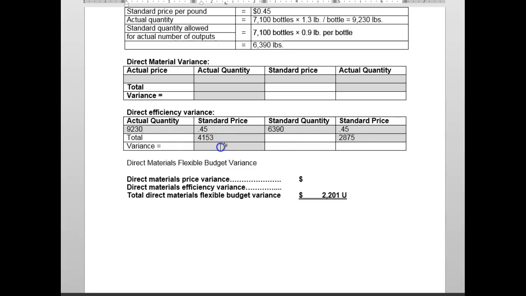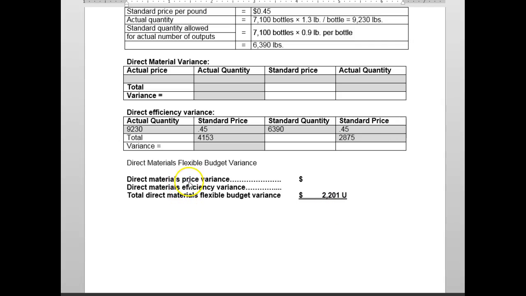So when you multiply that out, the difference here is a pretty wide distribution, and you're going to end up overall with a 2,201 unfavorable variance.